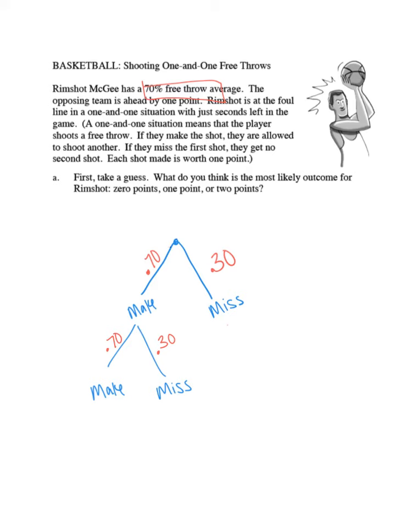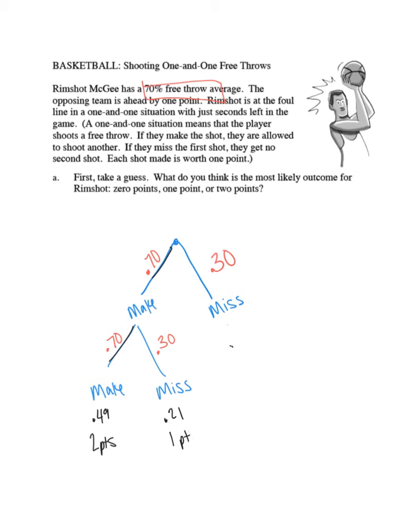I'm going to take 0.7 times 0.7. This would be 2 points. So he has a 49% chance of getting 2 points. If he makes it and then he misses it, that would be 0.7 times 0.3. I think that's like 0.21. That's just getting 1 point.